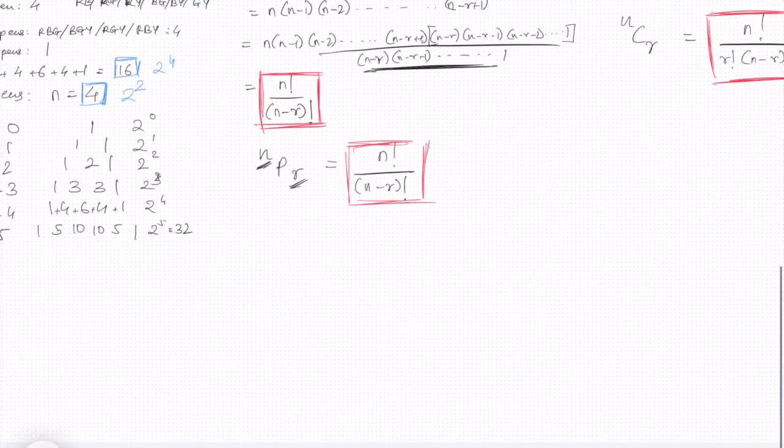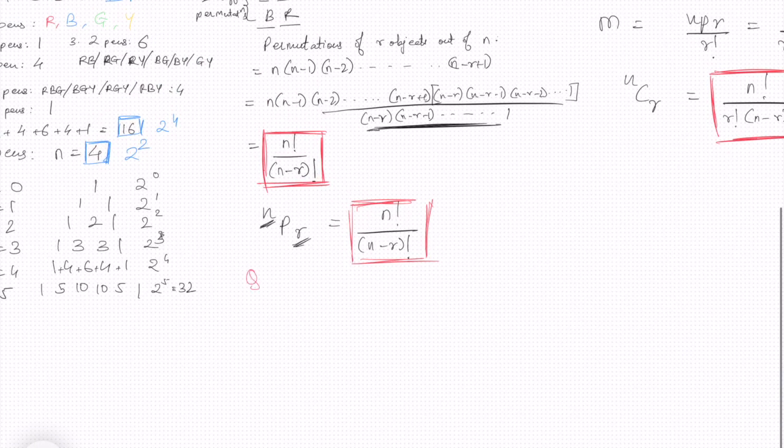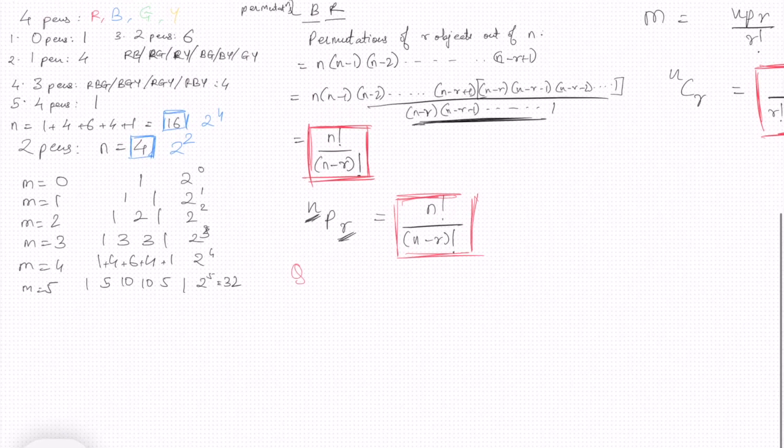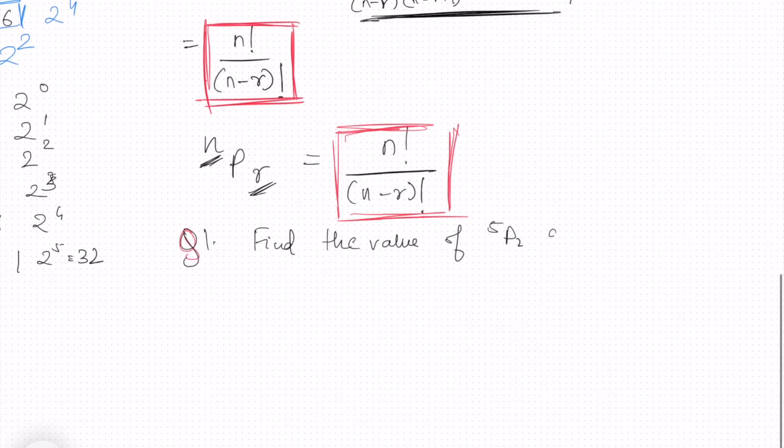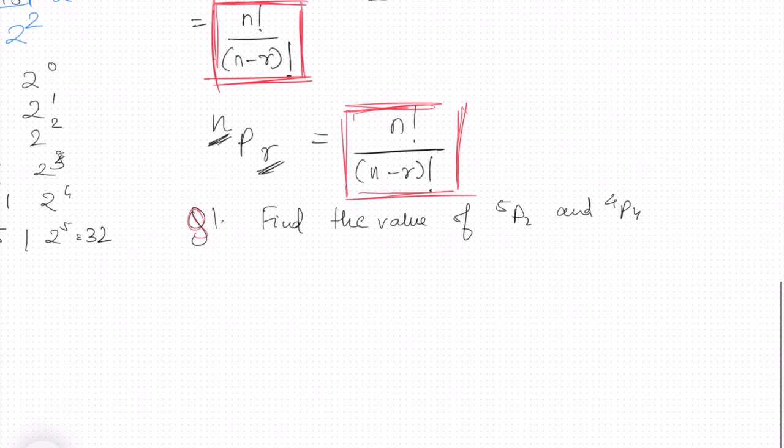So the first problem, I'll stick to permutations for a while. Find the value of 5P2 and 4P4. So this is 5 factorial by 5 minus 2, which is 3 factorial, so 120 by 6, that is 20.